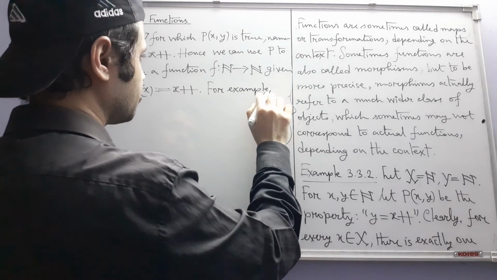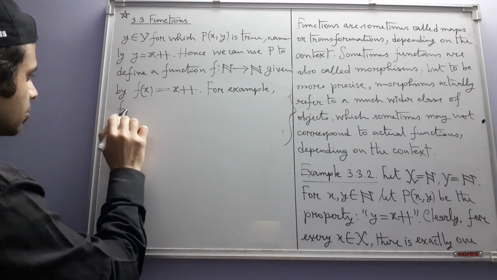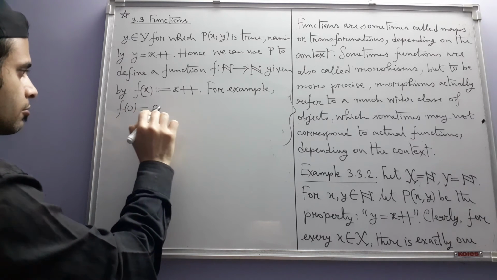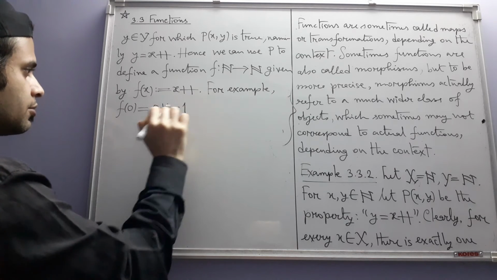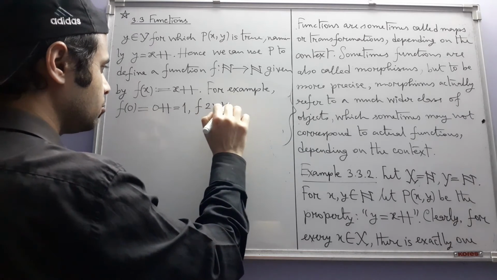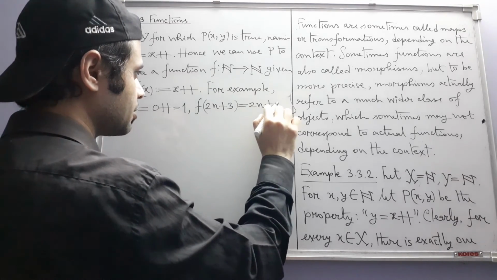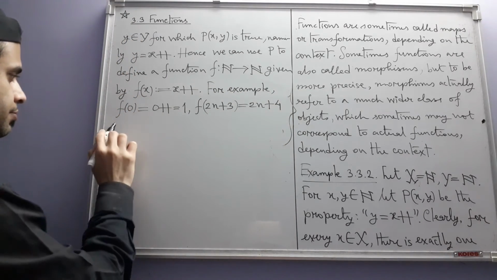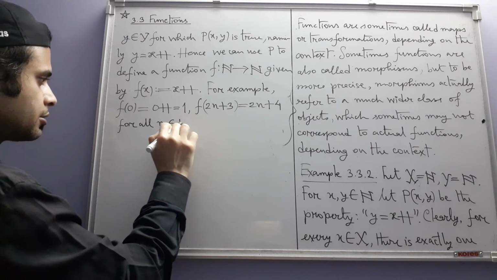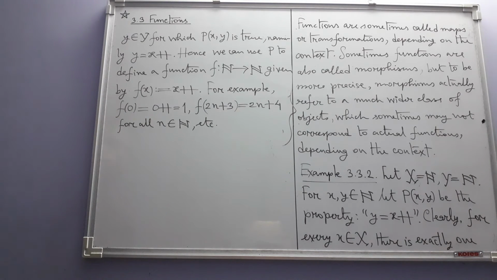Okay. For example, what does this function do? f(0) is equal to the successor of 0, which is 1. f(2n+3) is equal to the successor of 2n+3, which is 2n+4, for all natural numbers n, etc. Okay.